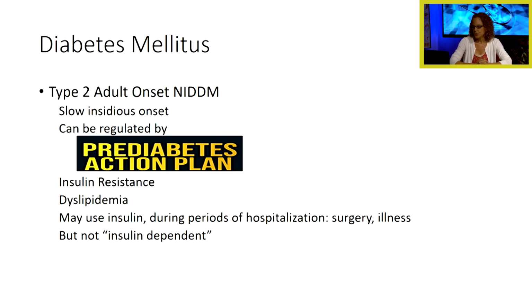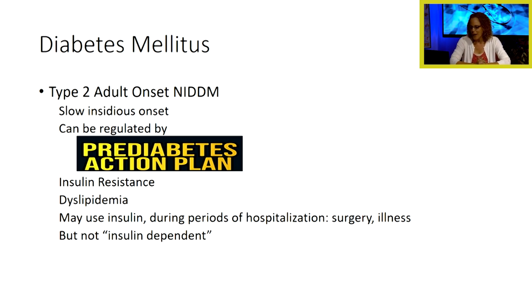So, in type 2, it's usually a slow, insidious onset. So what does this mean? This means that it happens over time, okay? It happens over time. And this is a big difference between type 1 and type 2. Type 2 can be regulated and even halted by a pre-diabetes action plan.